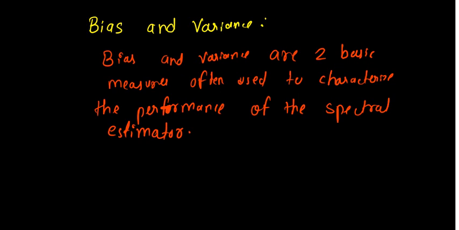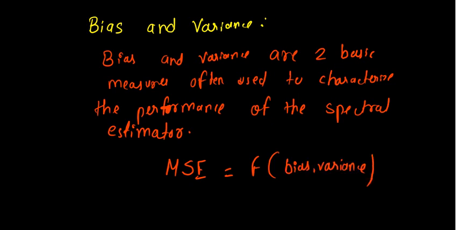So for an optimal estimator, we need some optimal criteria, and that criteria is nothing but the mean square error. We will eventually derive how the mean square error is a function of bias and variance. Basically, the mean square error is the combination of both these criteria, which is more optimal.